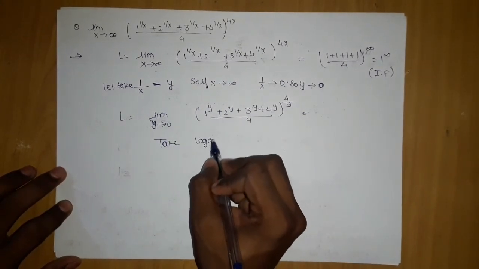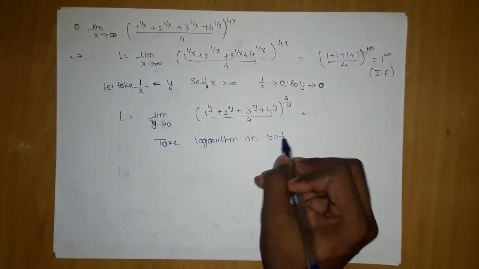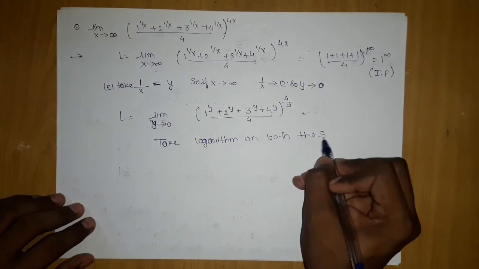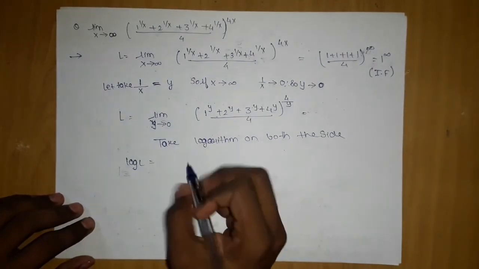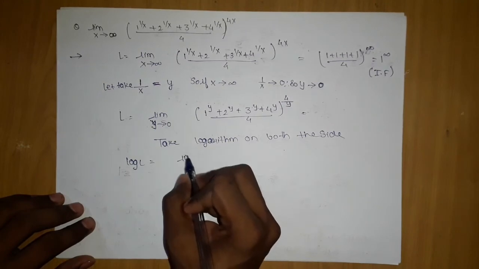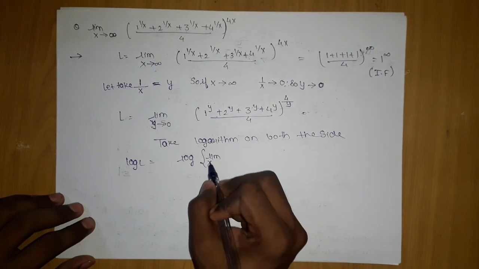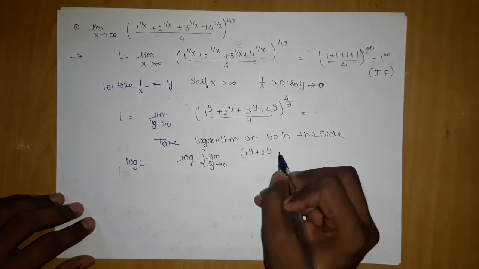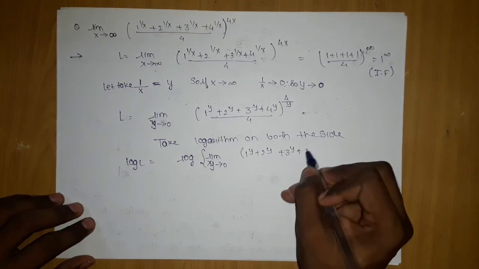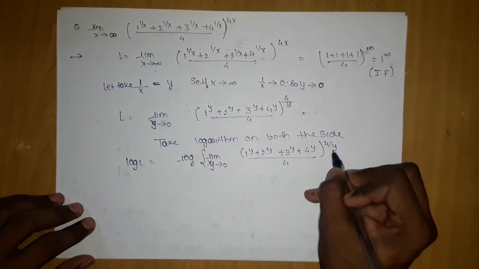logarithm on both the sides. You will get log L equals to, first you should keep in mind the steps. In the first step it should be outside, and then after that step it will come inside the logarithm, by 4 by y.